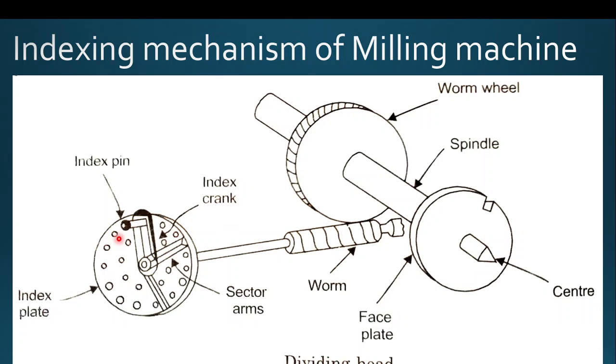So after every setting of our indexing crank, our workpiece will rotate by a very small amount, which will facilitate us to cut in a uniform way to produce a particular machine element. So in this way we can use this indexing mechanism.